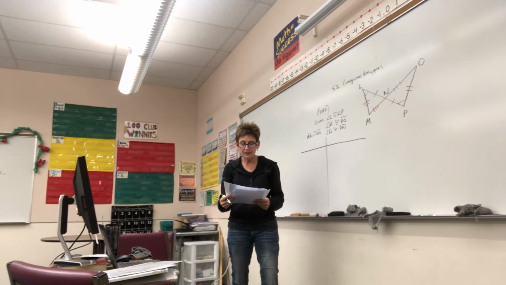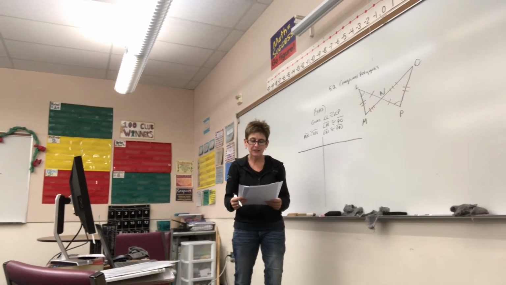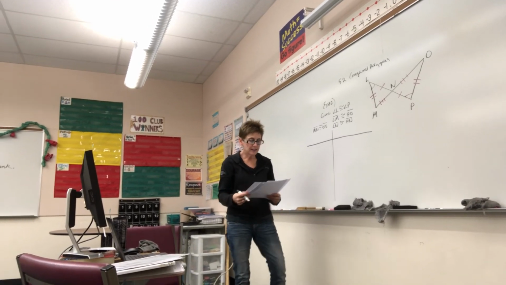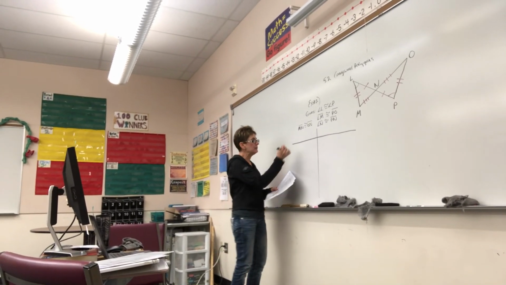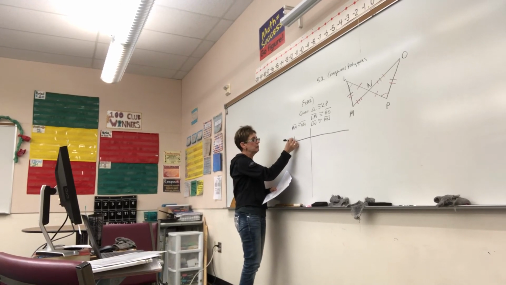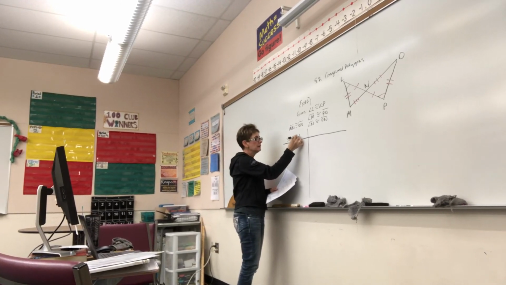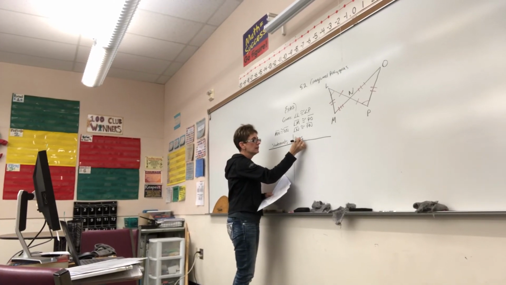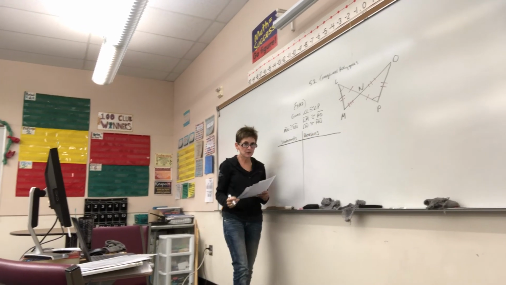Step 2, what does it say for step 2 under 5 steps to setting up a 2-column proof? Step 2 is to label the left column statements. So we put the word statements up here. And then the right column, reasons. That's step 2 for writing the proof.